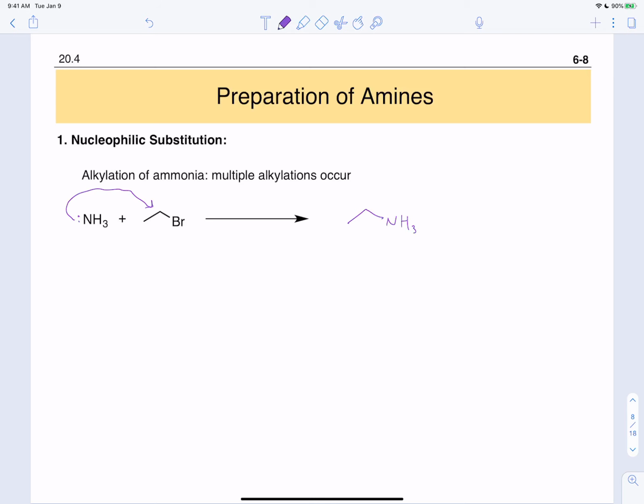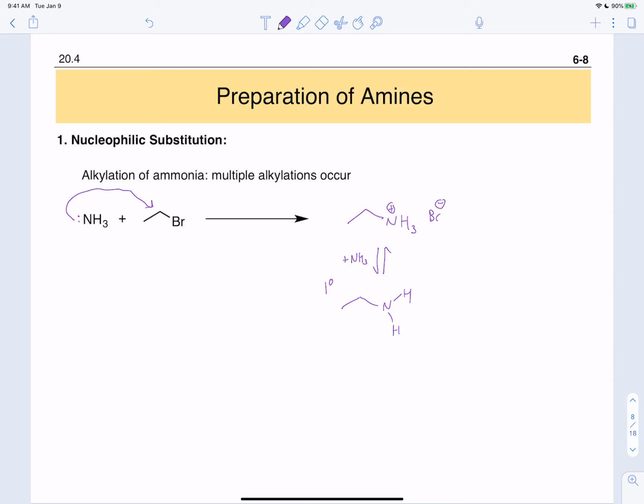Immediately after the reaction, we have a positive charge on the nitrogen with a bromide anion. But if we have more ammonia around in the reaction, it can also act as a base. So we're always going to be having these acid-base reactions where we could have ammonia come in and deprotonate this, and we get out a primary amine.